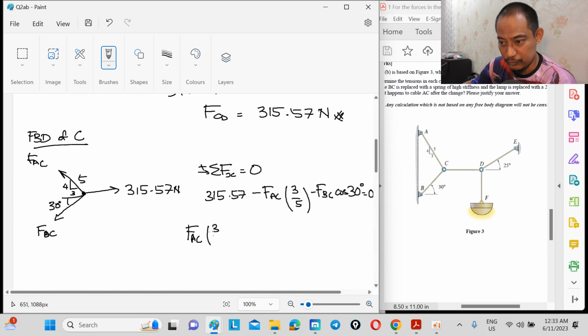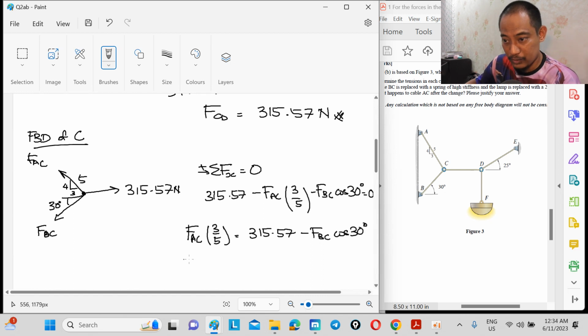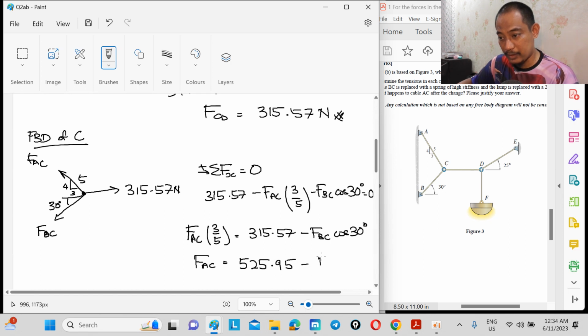So let me just do this. FAC 3/5 equal to 315.57 minus FBC cos 30 degrees, or FAC equal to, bring over there, 315.57 times 5 divided by 3 becomes 525.95 minus FBC 5/3 cos 30.